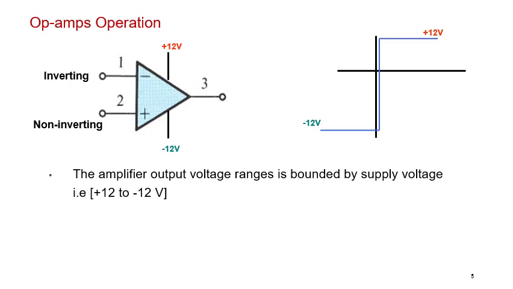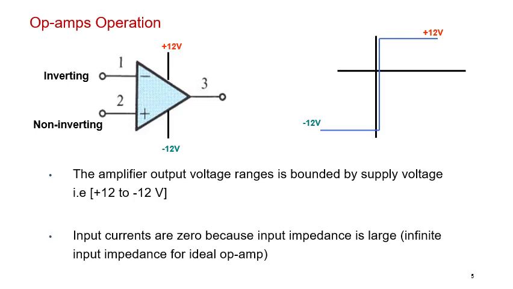The operational amplifier has a saturation, or there is a limitation for its operation. I mean, we cannot get the operational amplifier to amplify the signal to any value. As mentioned here, the operational amplifier has a boundary. It's bounded by VCC.